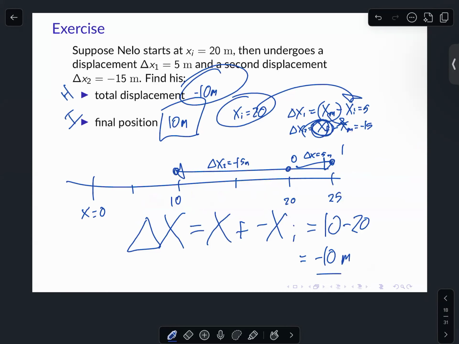I want to emphasize again, total displacement is not 20. He might walk 20 meters. That is different from his displacement. If I walk a meter and walk a meter back, I have indeed stepped 2 meters worth. My displacement is 0. I ended at my starting point. Question? Tell me.